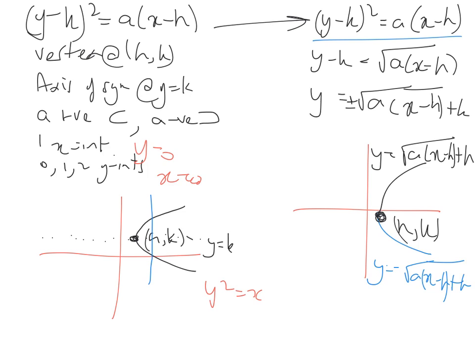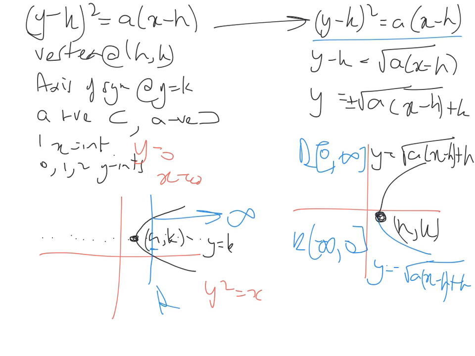Just in terms of a little bit more information, they both have a domain of h out to positive infinity, and this one has a range of all real numbers, whereas this one, the top half, has a range of 0 to infinity, and the bottom one has a range of negative infinity to 0.